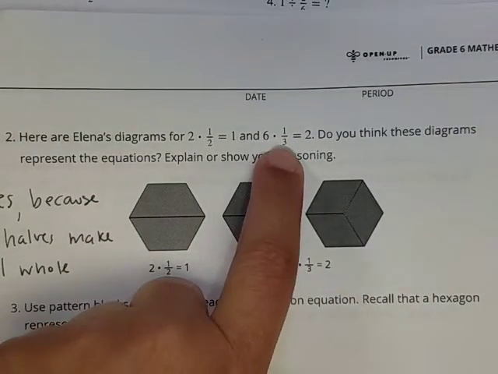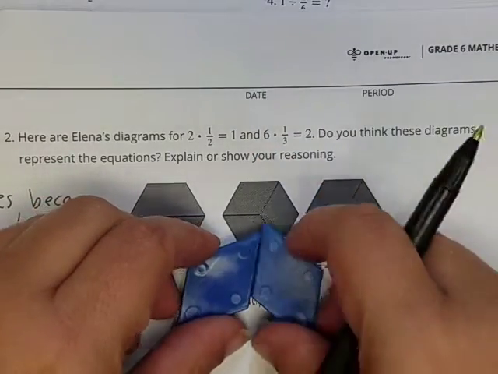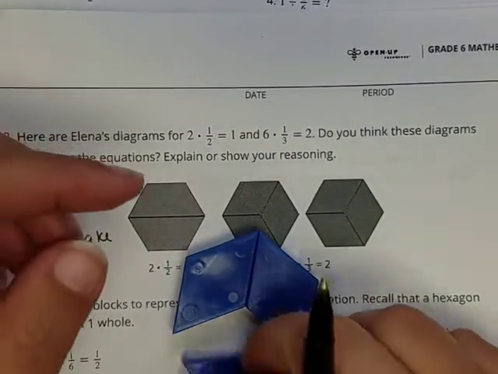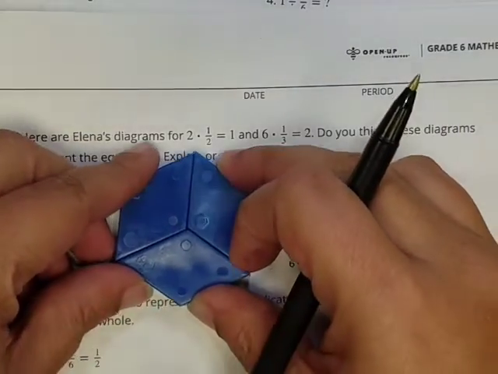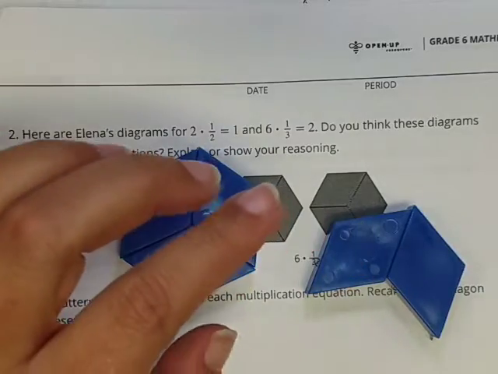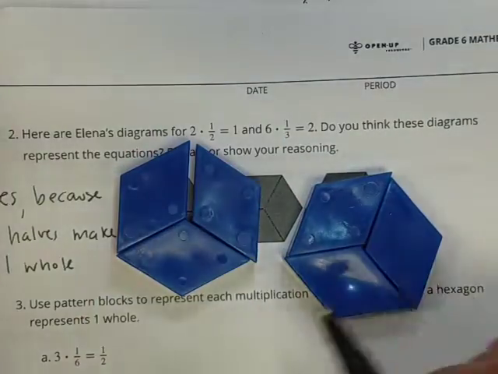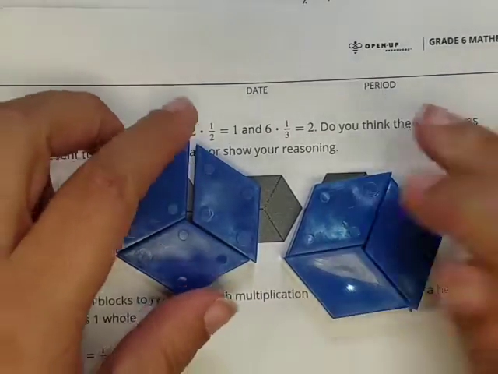And then if I have 6/3 in my rhombus, these are what makes the thirds. There's 3. And then there's 3. It makes 1 whole, which makes 2.